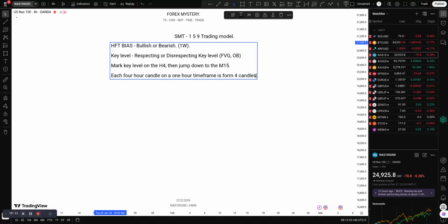It will form around that 1 a.m., 2, 3, 4. It closes at that 4 a.m. Then a new candle opens around that 5, 6, 7, 8, and then another one opens around that 9, 10, 11, 12. And then you start to see the PM session continue with the flow again.